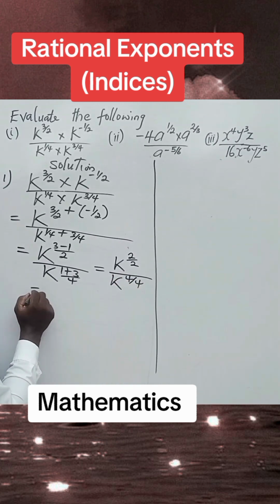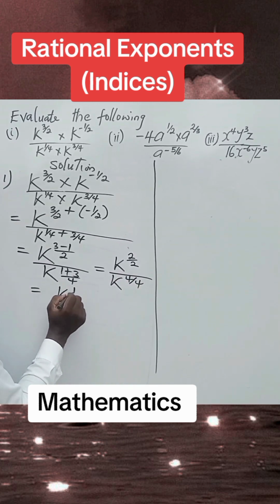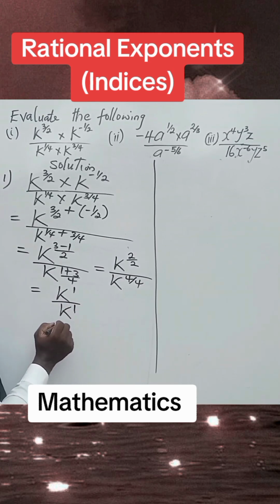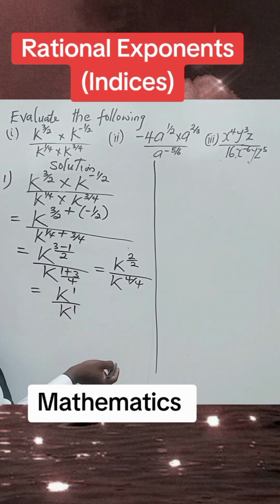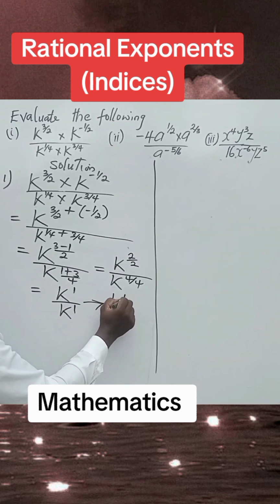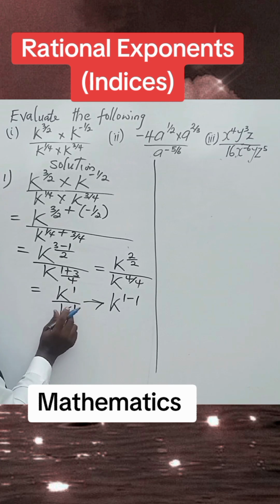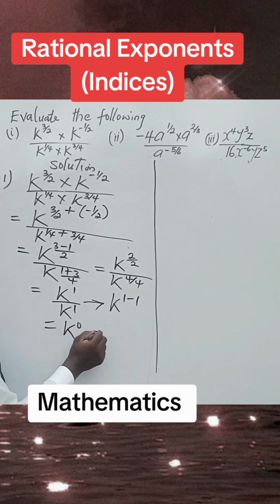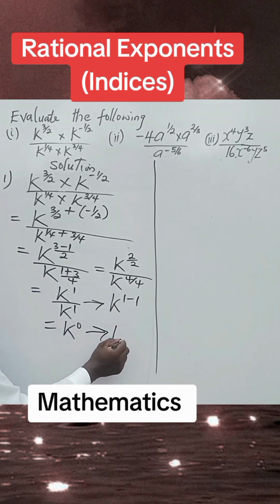So we have k raised to the power of 1 all over k raised to the power of 1. You can cancel out, or quickly go like this: k to the power 1 minus 1, because of division, you apply the law of indices. 1 minus 1 gives you k raised to the power of 0, which implies 1. Thank you very much.